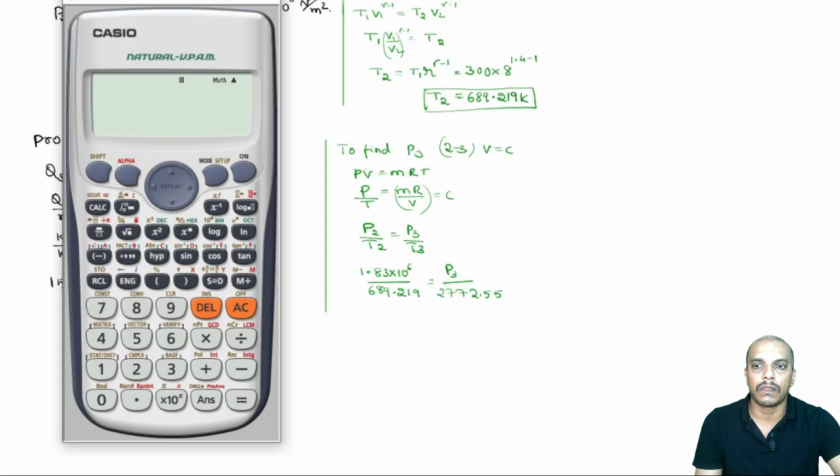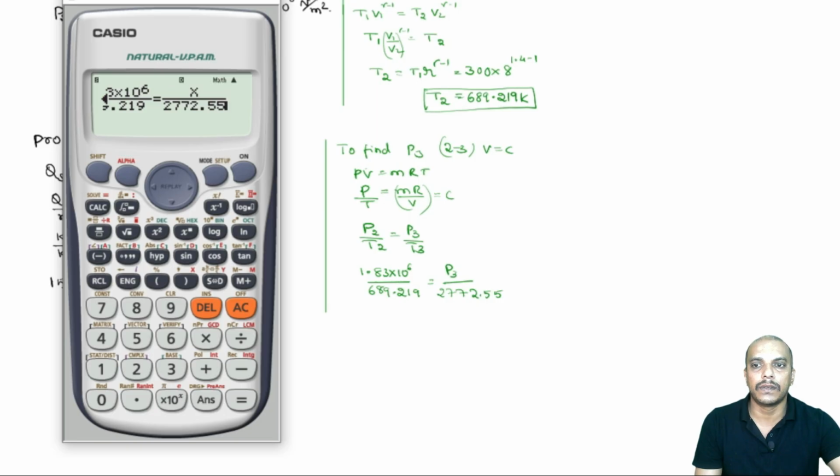So 1.83 into 10 power 6 divided by 689.219 equals the unknown x divided by 2772.55.